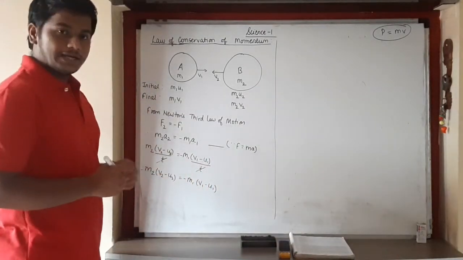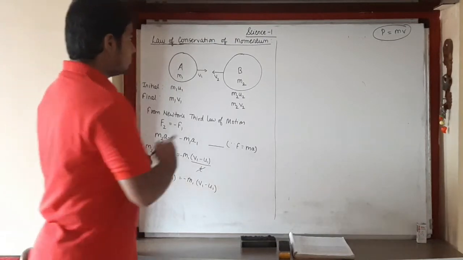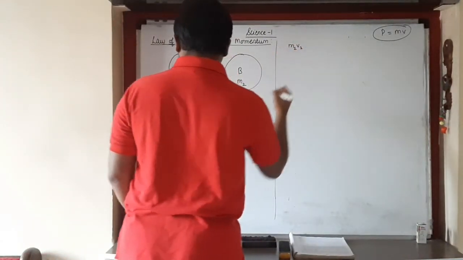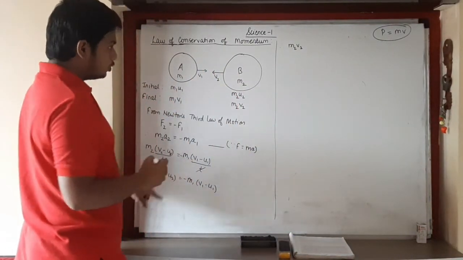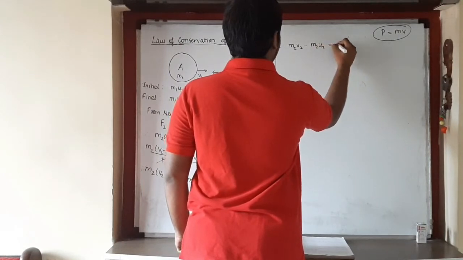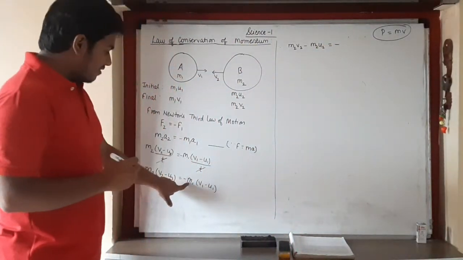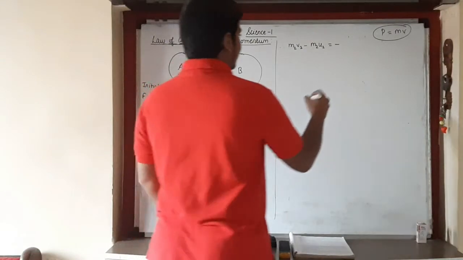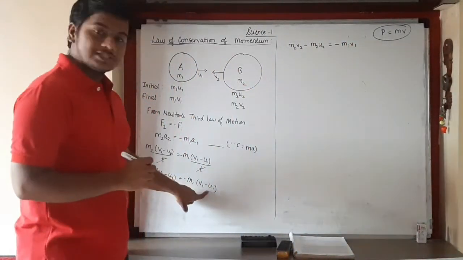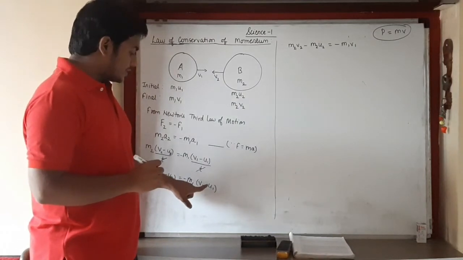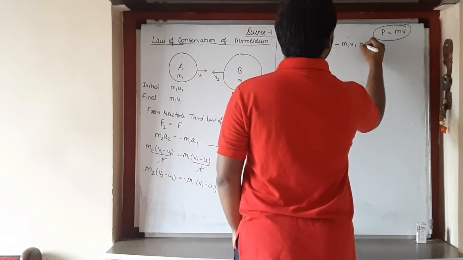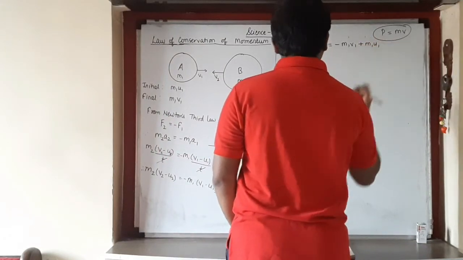Now let us multiply it. m2 into v2 will give us m2 v2, minus m2 into u2 will give us m2 u2, equals to minus sign. m1 into v1 is m1 v1, minus of minus is plus, two negatives make a positive sign. So m1 into u1, here it will become plus m1 u1.